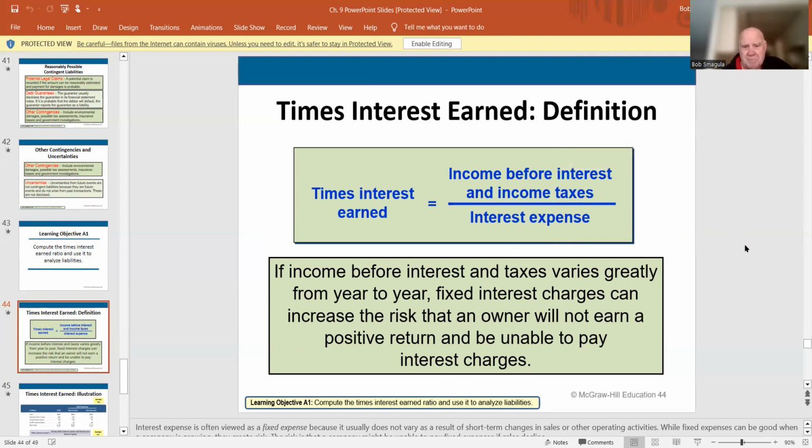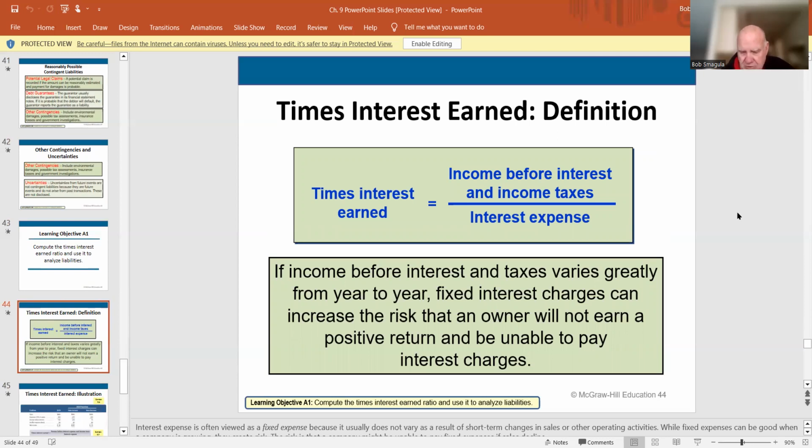If the income before interest and taxes varies greatly from year to year, fixed interest charges can increase the risk that an owner will not earn a positive return and be unable to pay interest charges. So what we're saying, we're making sure at least that our net income certainly covers our interest expense, okay?